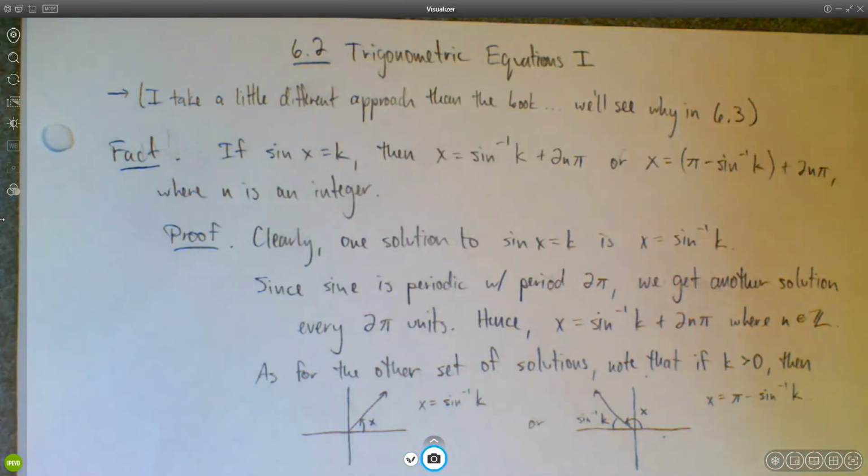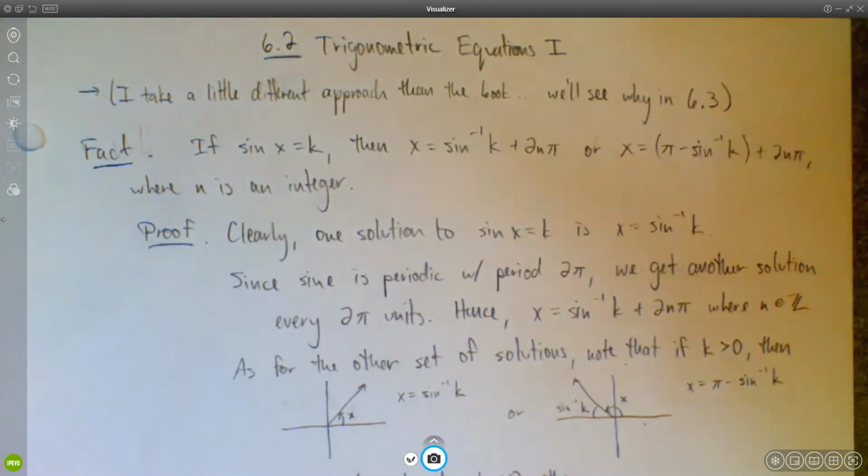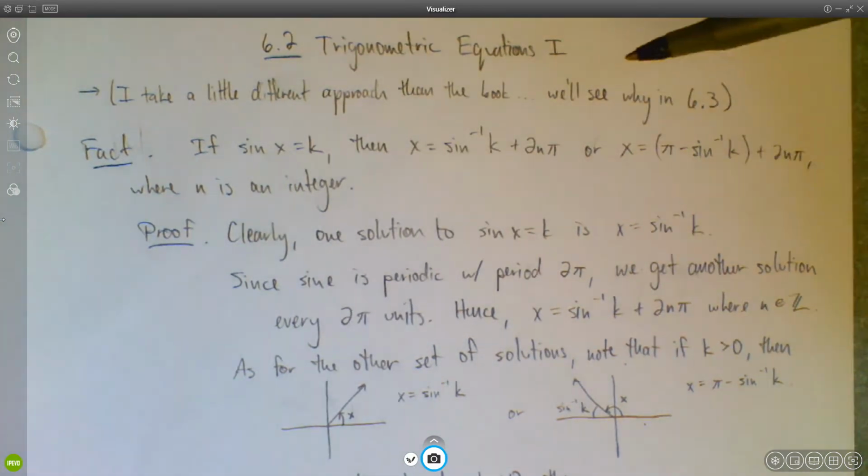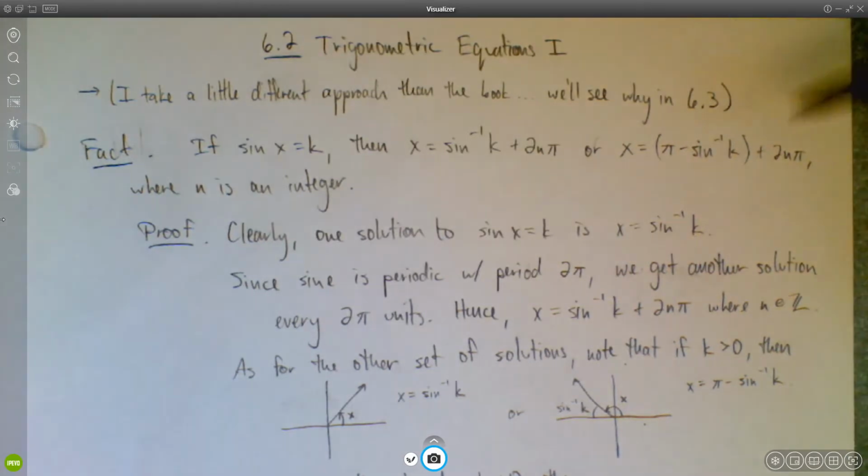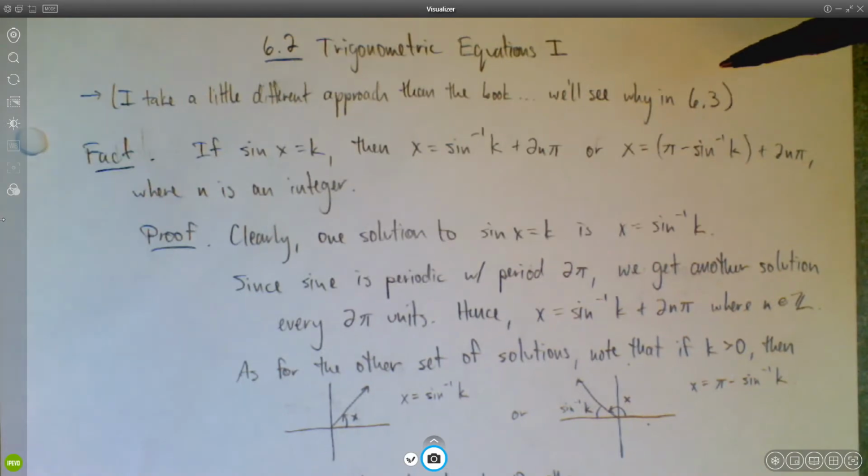I take a little bit of a different approach than the approach that the book takes to this, and we'll see why in the next section. Consequently, I usually try to give you different examples than the examples that are in the book, but for this section, I'm going to give you the same exact examples that are in the textbook, so that you can compare how the textbook approaches these problems, in case you like their approach better.